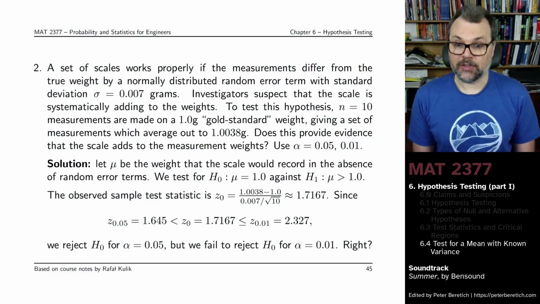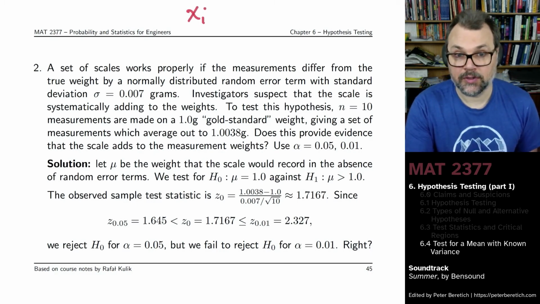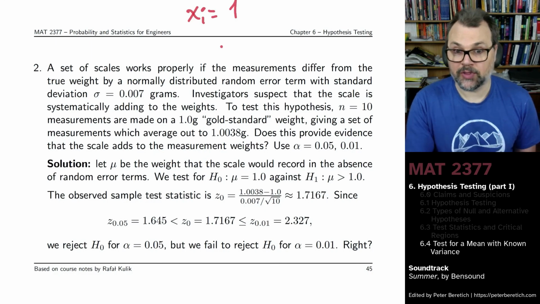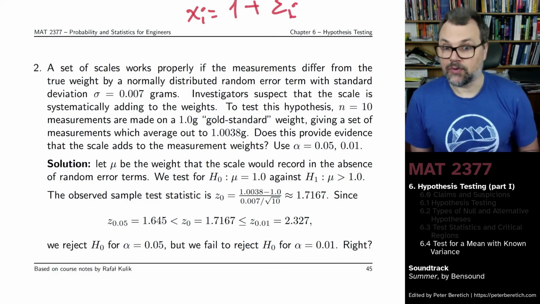So the measurement that you observe is always going to look like the true measurement 1 plus some noise epsilon, and the noise will vary depending on the scale that you've used.